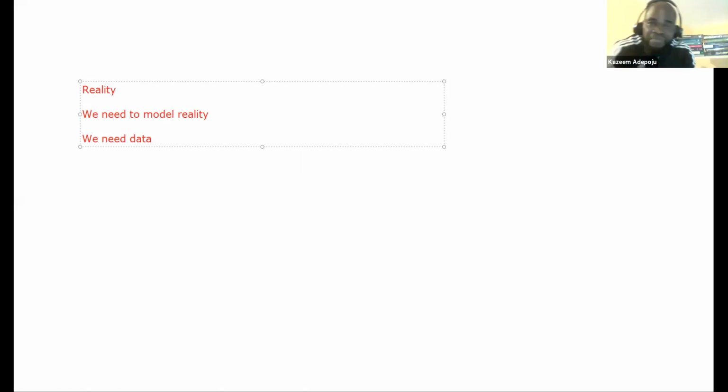data is very, very essential. If I want to understand how things work, if I want to understand reality, then I need to collect data. If I want to understand the business environment, I need to collect business data. If I want to understand the political environment, I need to collect political data.